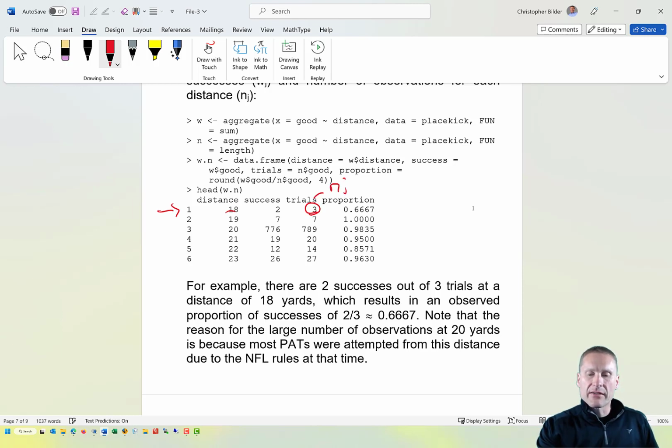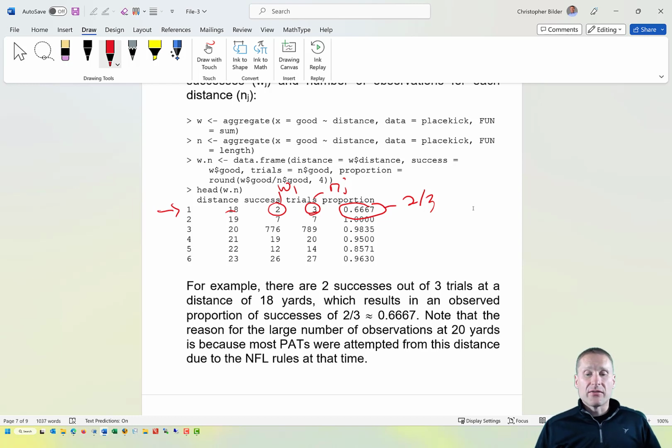That would be like our n sub j, or in this case n sub 1. There were 2 successes at a distance of 18 yards, so that would be my W1. And if I were to take 2 divided by 3, I get my observed proportion of successes at a distance of 18 yards, and that would be 0.67.